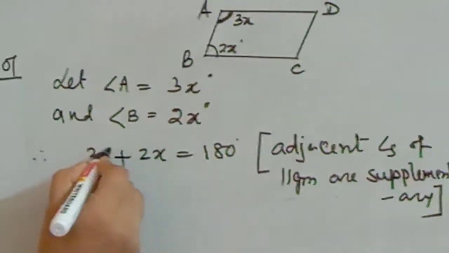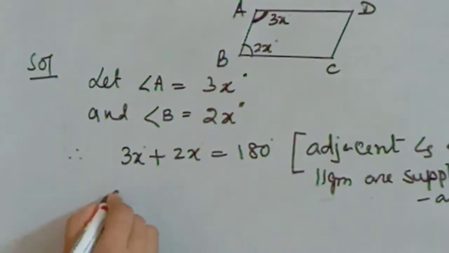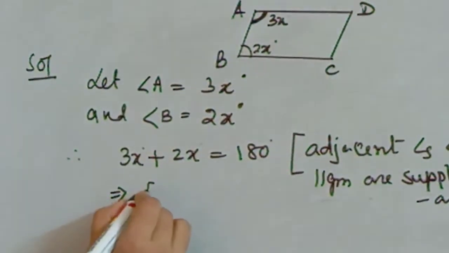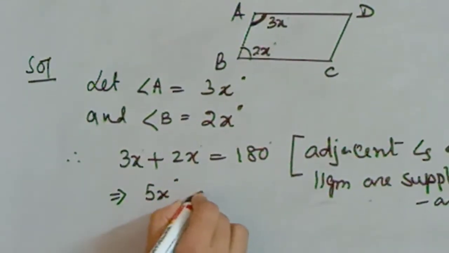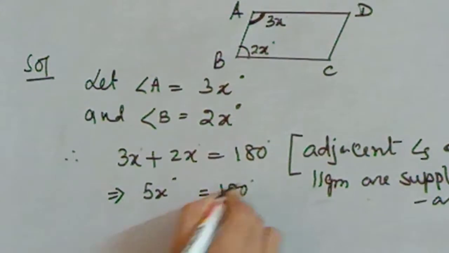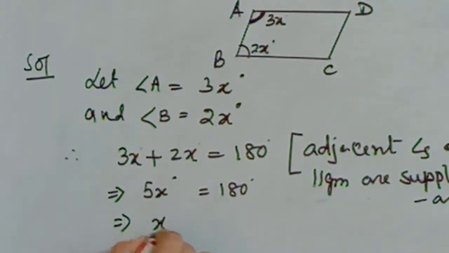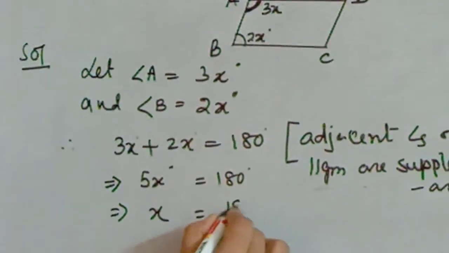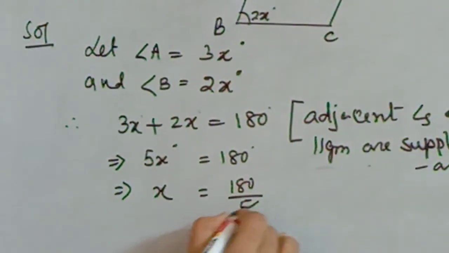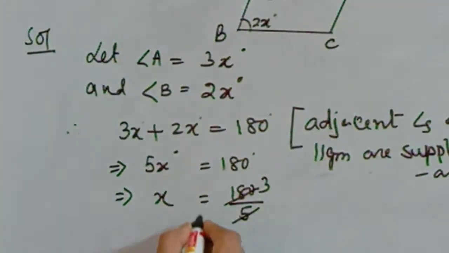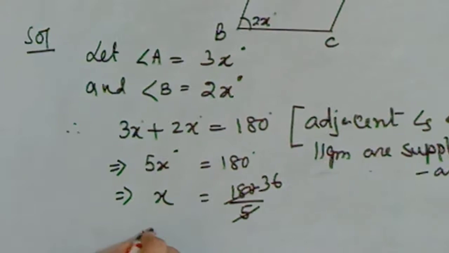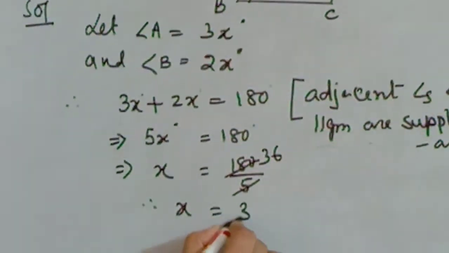So 3x plus 2x degrees is equal to 180 degrees. Therefore 5x degrees is equal to 180 degrees. Therefore the value of x you can find in this way, 180 divided by 5, 36. Therefore the value of x is equal to 36.